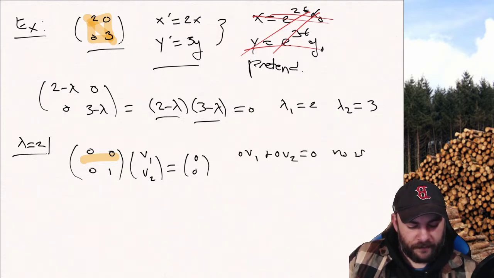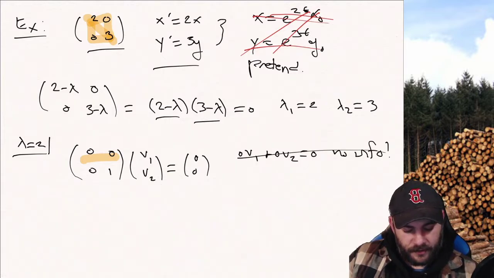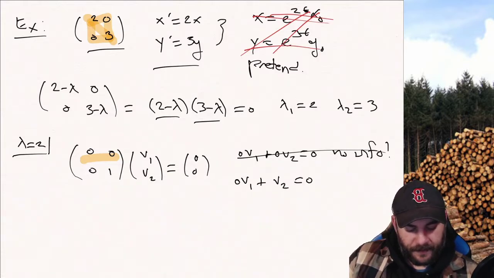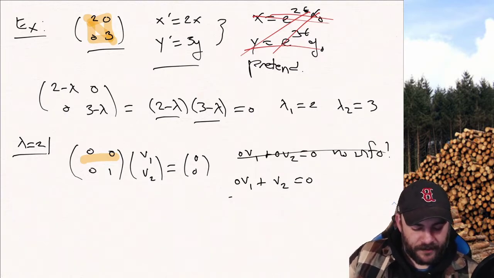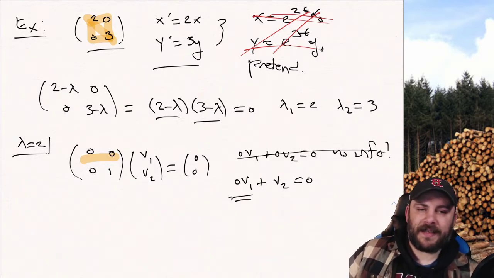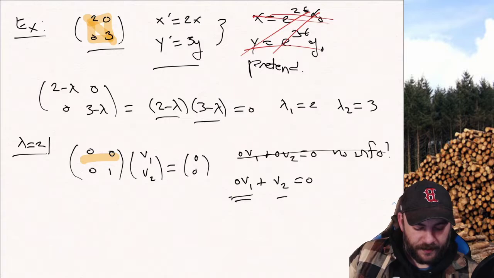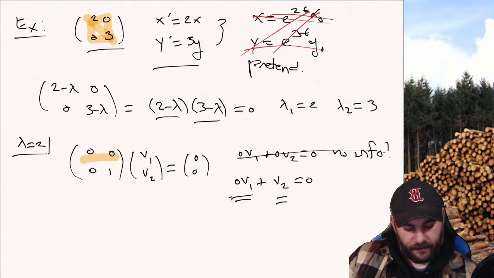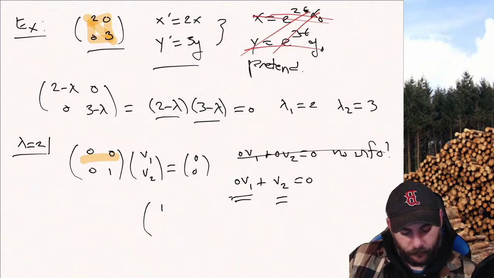There's no info here. This is not useful. So I want to use the second row, which gives me 0v1 plus v2 equals 0. And what this tells me is that v1 can be anything I want it to be, and v2 has to be 0. So I'm going to choose the eigenvector 1, 0.